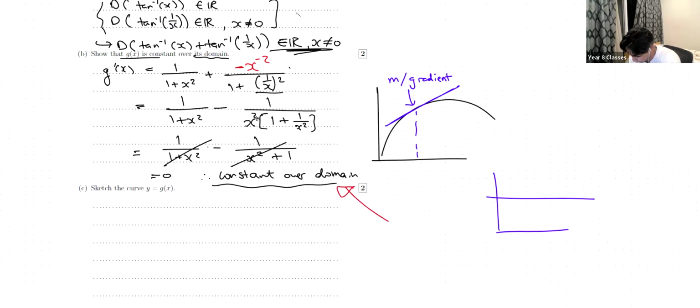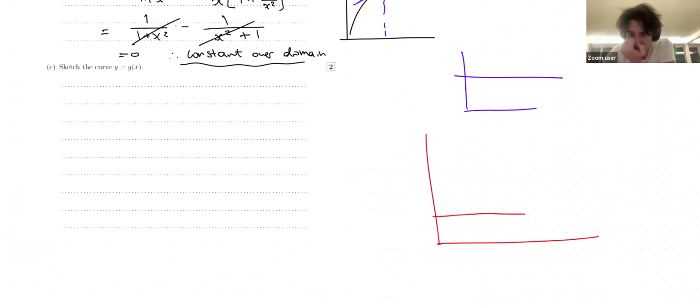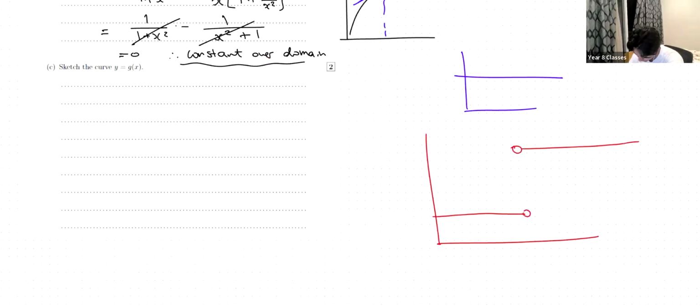For this question, it's fine. But what can happen is you can have a graph, and I'll run through a question like this after this one, where it'll go like this and be constant, then have a discontinuity, and then it's no longer constant. So a good habit would be to say, hold on.